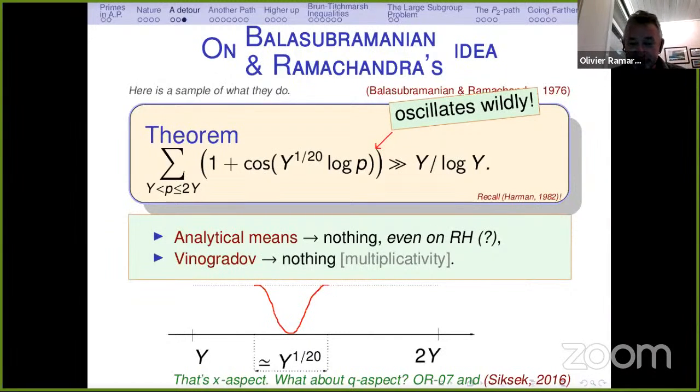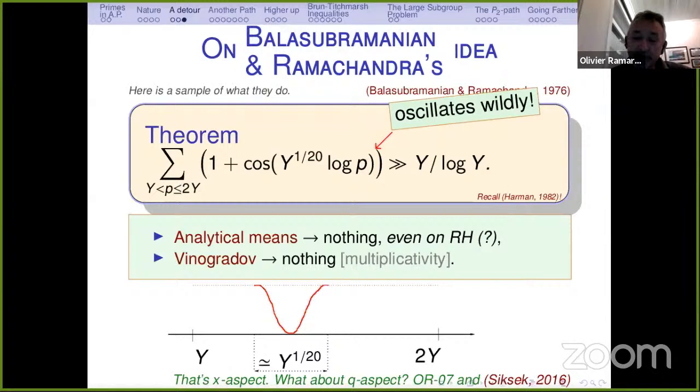And analytical means cannot localize the primes in intervals smaller than square root y. That's what you get from the Riemann hypothesis. The Riemann hypothesis tells you that you can go down to square root y. Usually you go down to y. So y to the power 1 over 20 is really out of reach. So with analytical means you cannot do it.